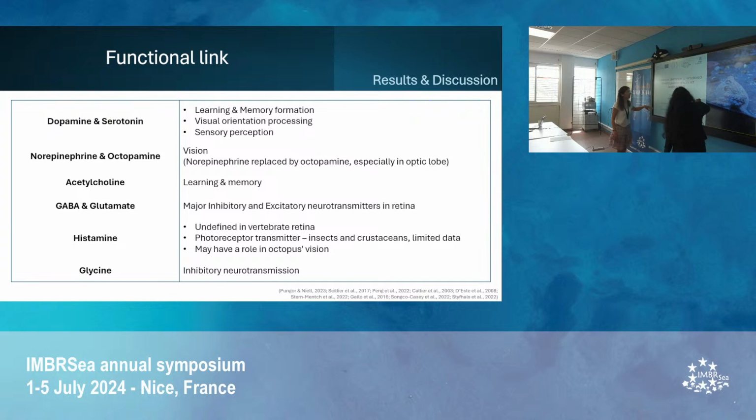And here, as I said before, the medulla is the center for memory storage for the processing of visual information. We can say that it's responsible for sensory perception, and dopamine was found throughout the optic lobe.